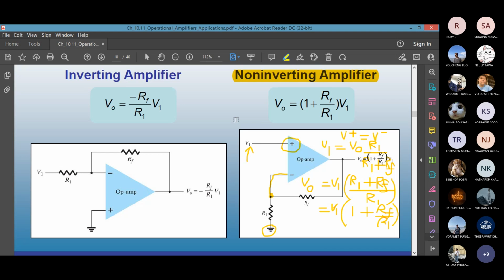Some semesters I ask you to derive, yes. These two formulas are already on the formula sheet, I believe. So when I ask to derive, if the student gives just the formula, you don't get the full mark. Finally, you have to come to this formula, but how do you derive it step by step? That is the main question.